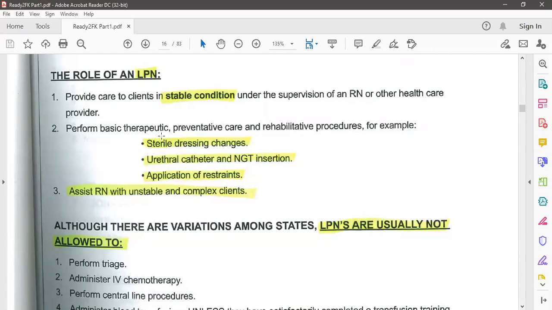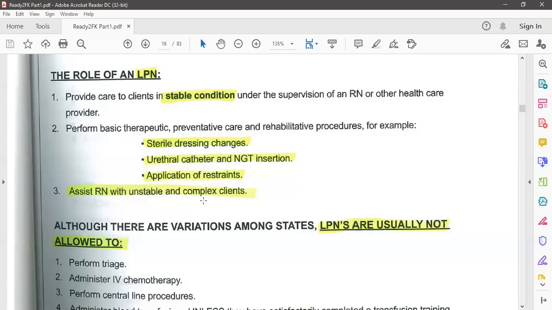Perform basic therapeutic, preventive care and rehab procedures, for example, sterile dressing change, also catheter or nasogastric tube insertion, application of restraints under RN supervision. Keep it in mind, under RN supervision. Assist the RN with unstable or complex clients.